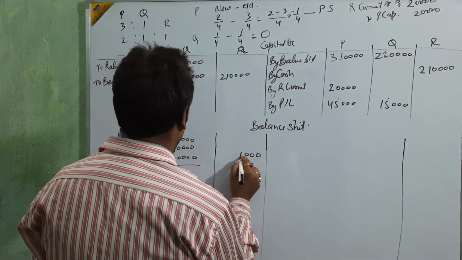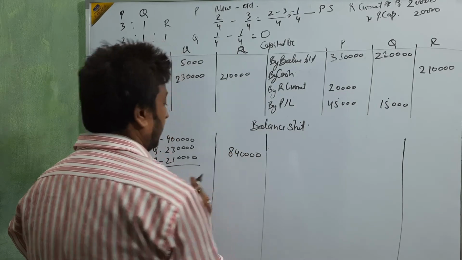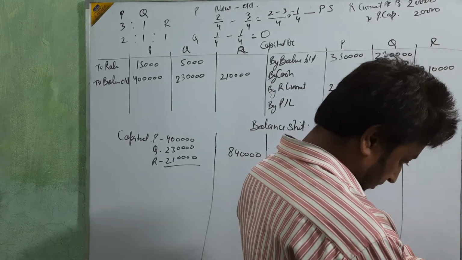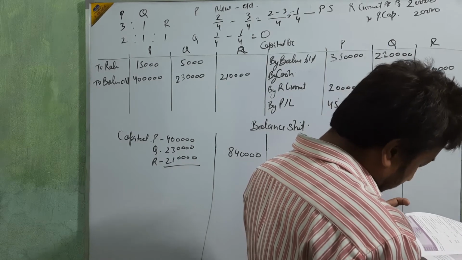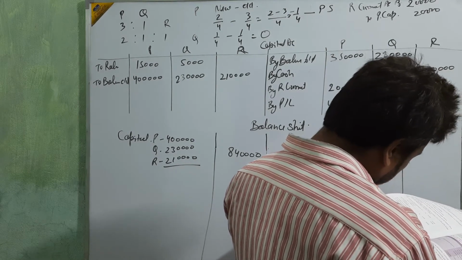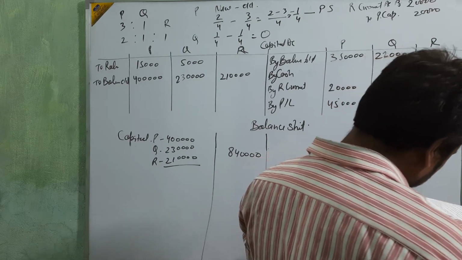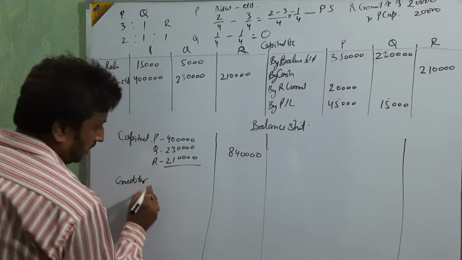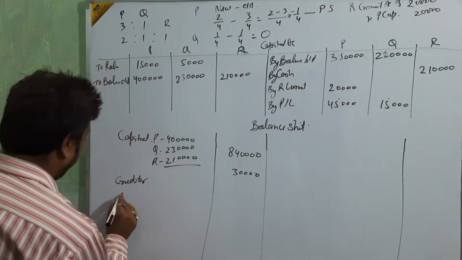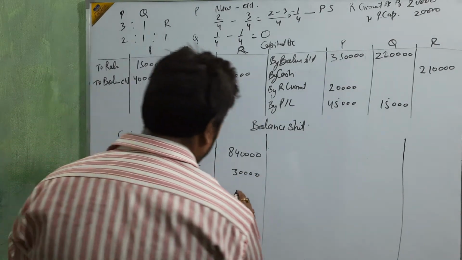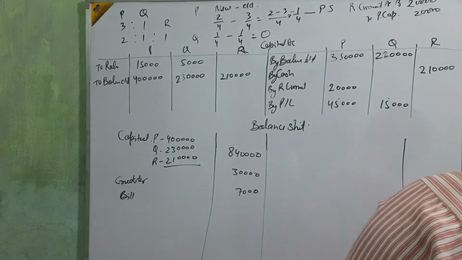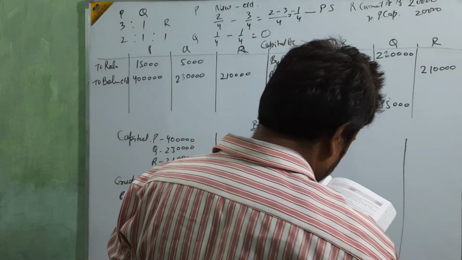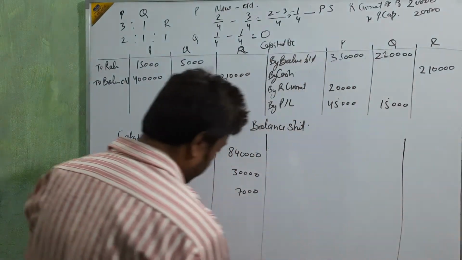Okay beta, total 8,40,000. Anything else on the liability side? 30,000 creditors only. The bill amount is, let's see, 7,000. This side is finished. Nothing else.